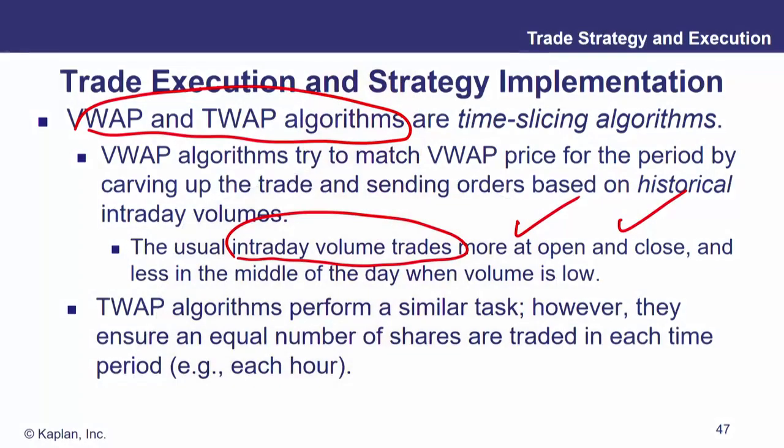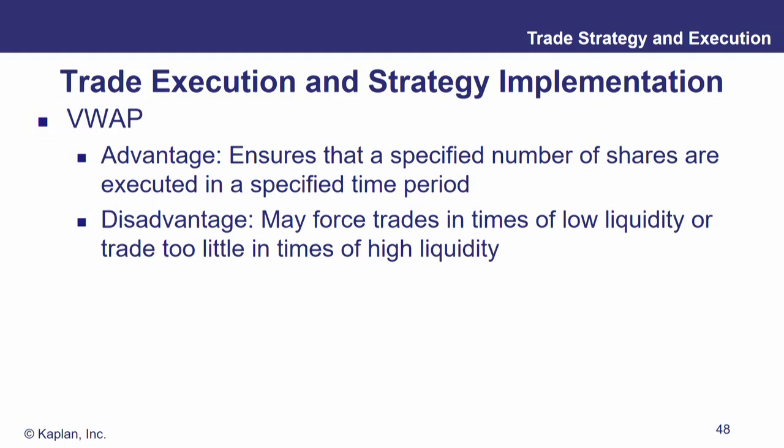So this TWAP algorithm performs a similar task. However, what it's ensuring is that an equal number of shares are traded in each time period. So for example, each hour, each 10 minutes, whatever you're looking for. Okay, so VWAP, let's explain advantages and disadvantages. So advantage, I can ensure that a specified number of shares are executed in the time period that I want.